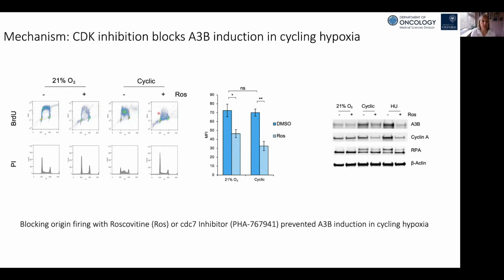So that's what we did, and we used roscovitine to block origin firing in these cells, and you can see that's been effective. There's a lot less DNA synthesis going on, and sure enough, when we then looked at APOBEC, and indeed APOBEC activity, we can see we've got rid of that hypoxia increase that we had previously seen in cyclic conditions. So this is supportive that it is this increased replication in these conditions that has contributed to the A3B.